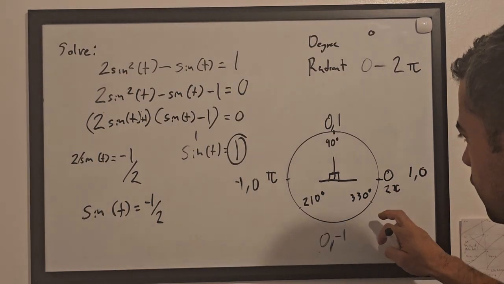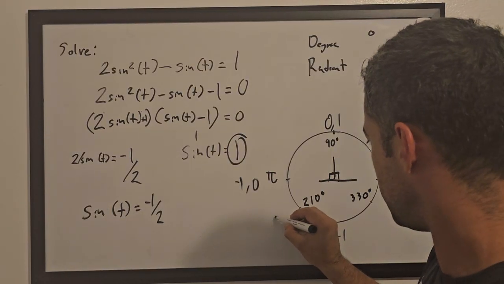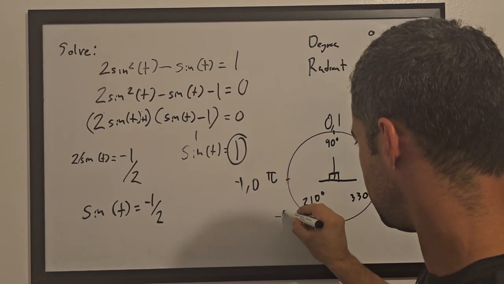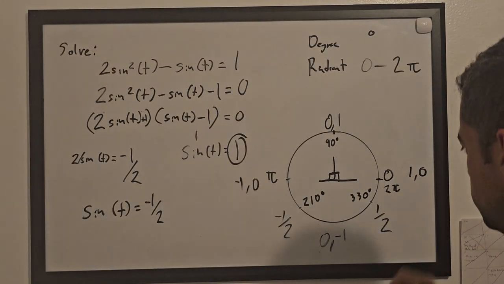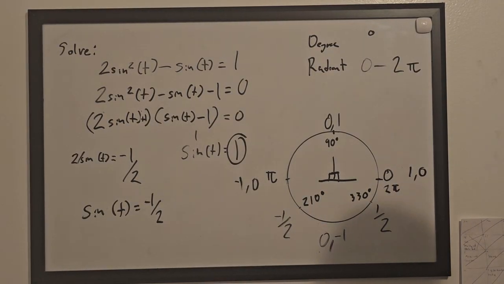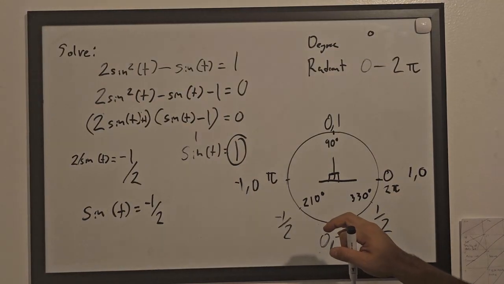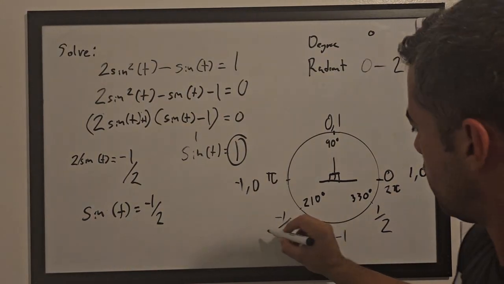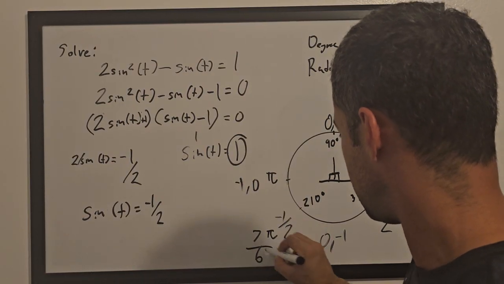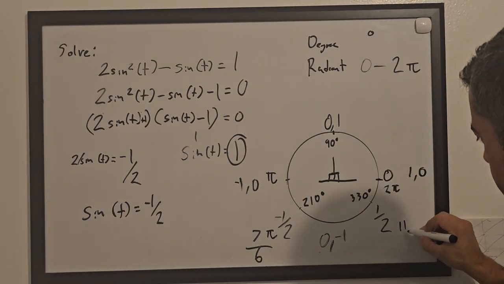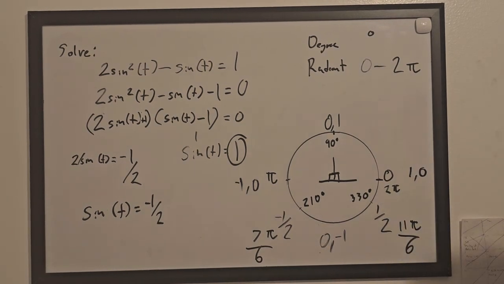So these 2 points are where we will find a sine of -1/2. To write this into a radian, we have 7 pi over 6 and 11 pi over 6.